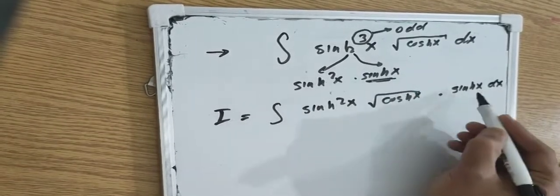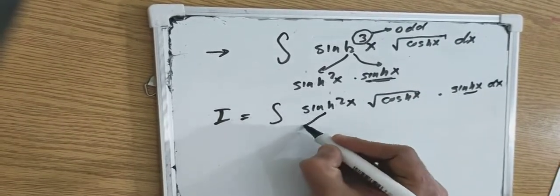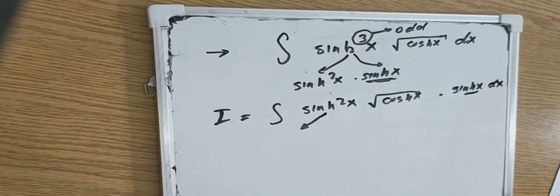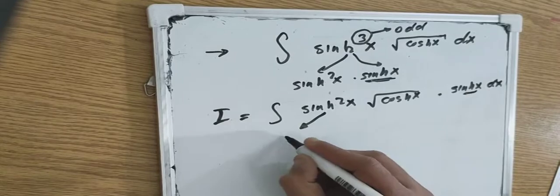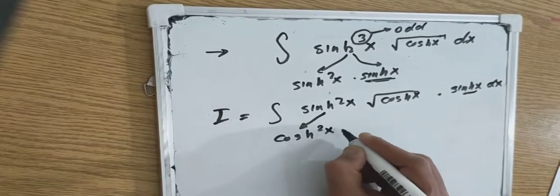We have this sine x to be the derivative, and the rest, which is sine squared, an even power, can be replaced by cosine, because we have cosine squared plus sine squared equal to 1. So we can replace sine squared with 1 minus cosine squared.